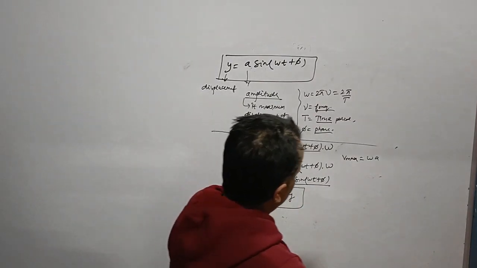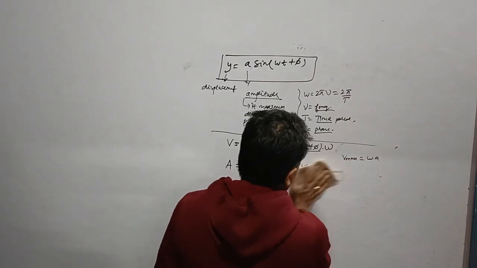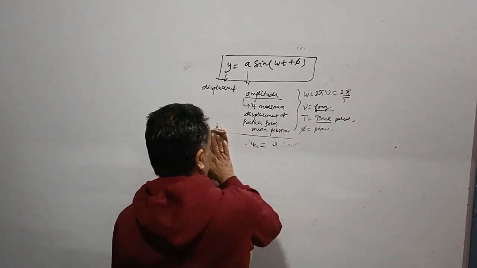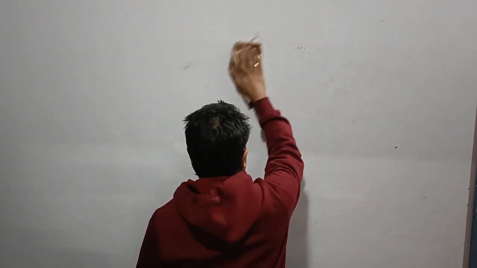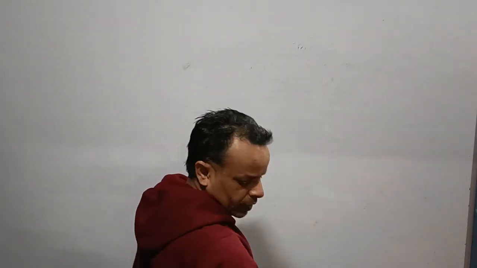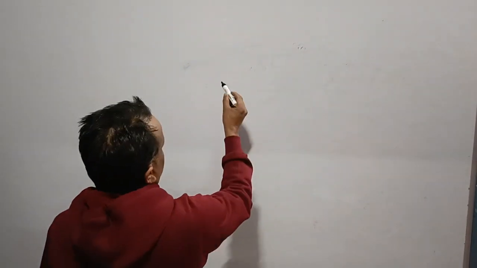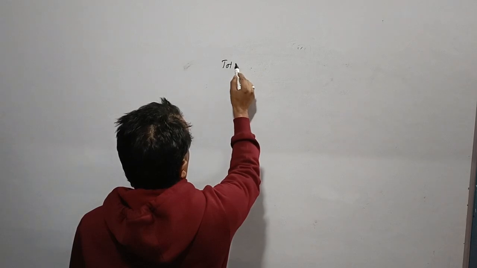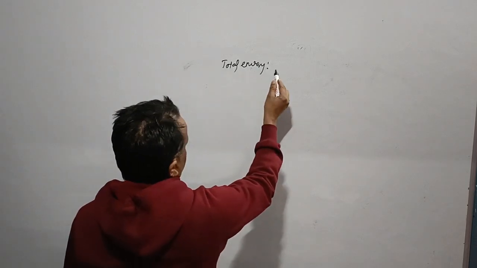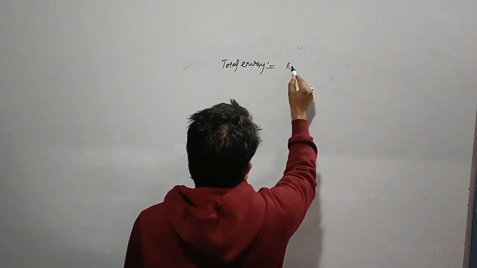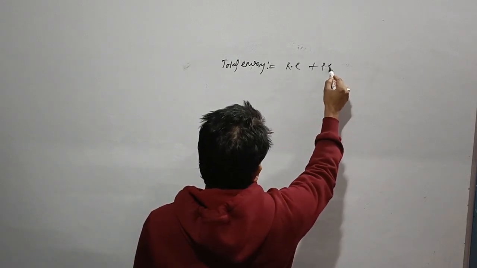Now we will go for total energy of SHM. See, total energy of SHM is basically equal to the sum of kinetic energy plus potential energy.